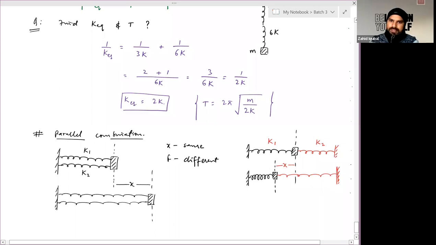It means the displacement for both these two springs in this part is also the same. So we can say this is also a parallel combination, or a type of parallel combination.